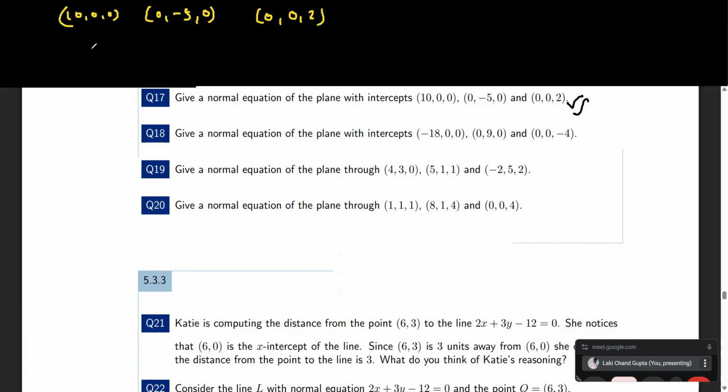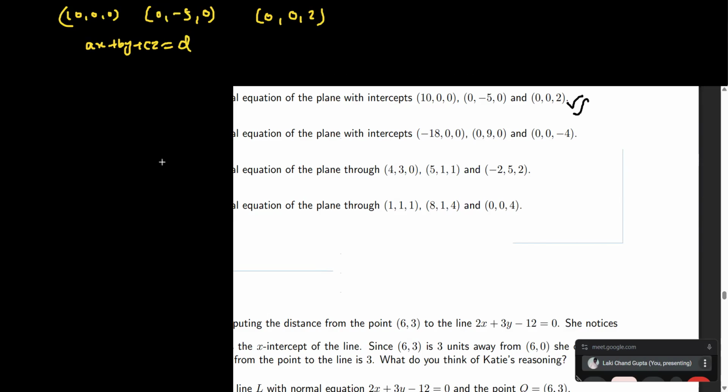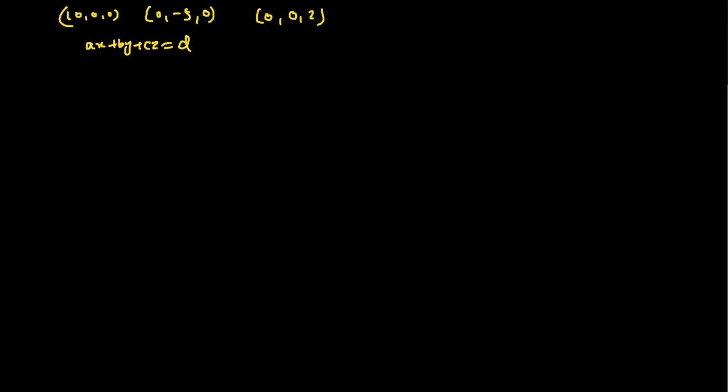You know, general equation is ax plus by plus cz is equal to d, right? See, when you put a, you will get d is equal to 10, right? This is at 10, 0, 0.